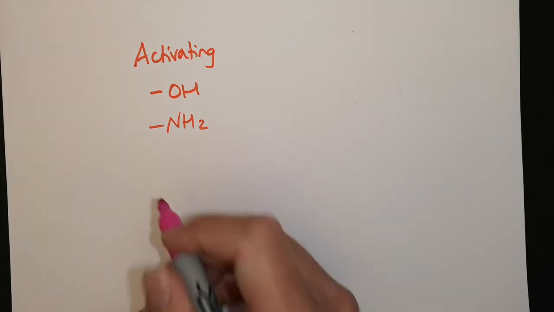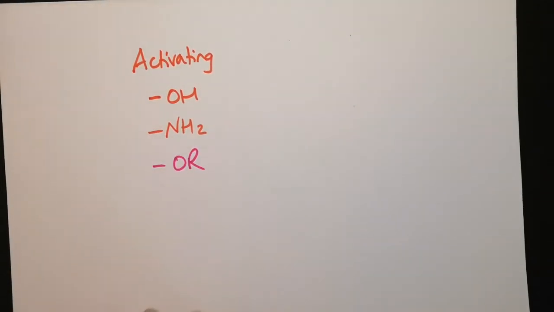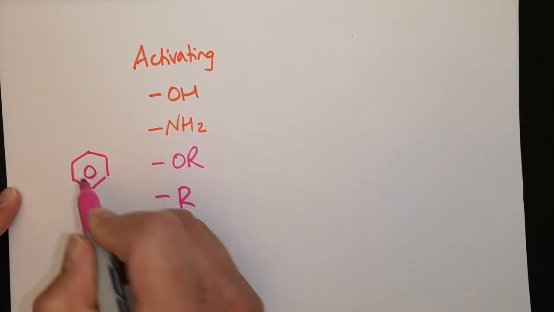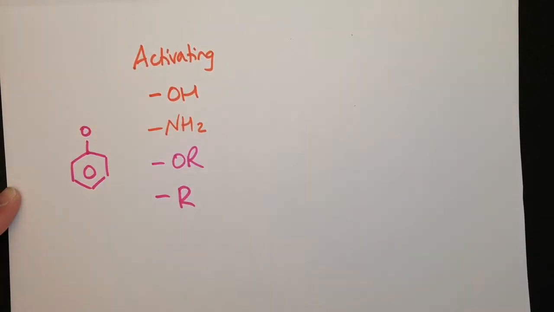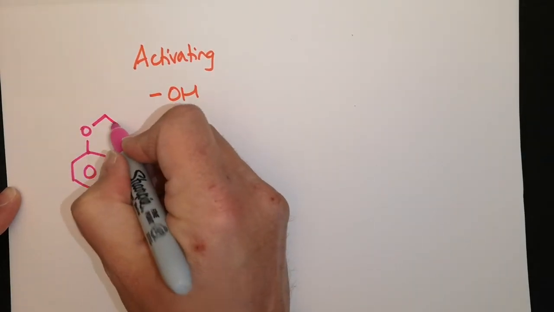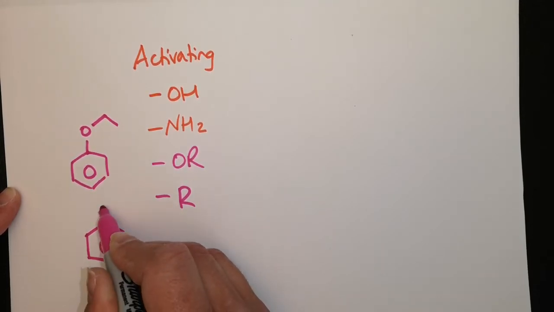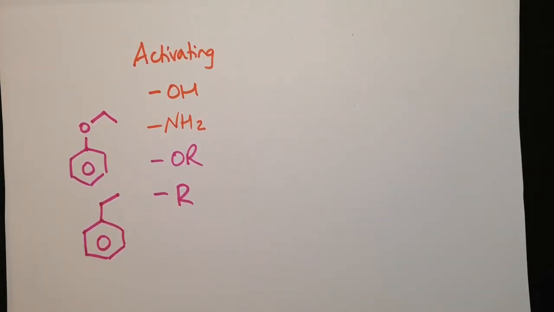So they would be something like this, where the R group is a carbon chain. To give you an example of some of these structures, it might be a benzene ring with an oxygen directly attached and then a methyl group or an ethyl group or something like that. Whereas the one with just the R is then just a carbon chain directly attached to the aromatic ring.